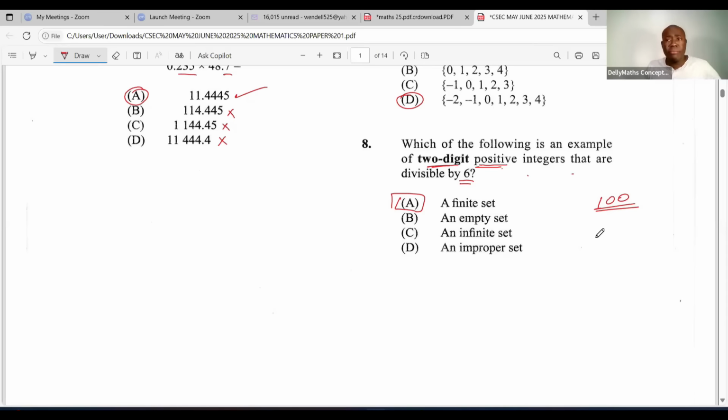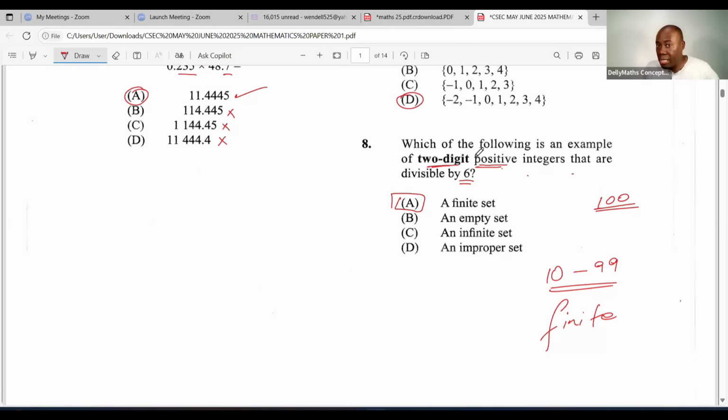So it's a number between 10 and 99. This is already a limited pool of numbers, and this is crucial. There was a question that came almost like this, but they phrased it a different way. So this one is a finite set because it's a certain amount of numbers that are two digits.